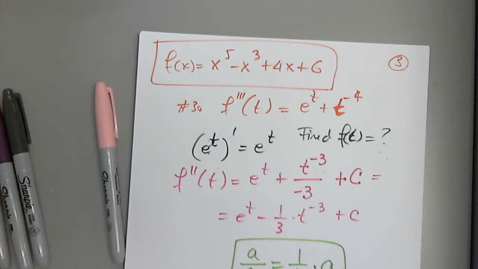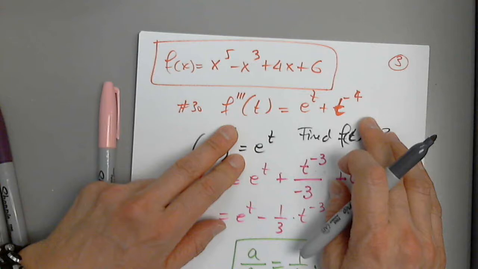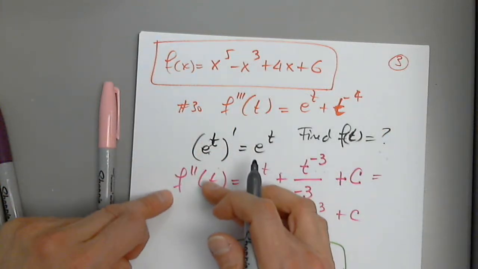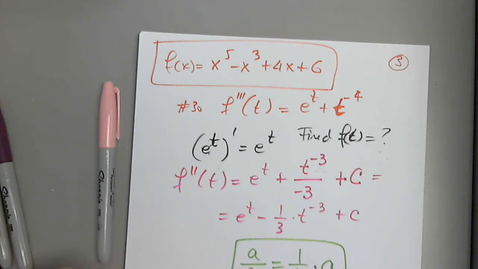So do you just kind of assume, because what if we were just given the problem like e to t plus or minus t to whatever power, but it didn't have a constant, do you just assume? It could be 0. So this is a derivative. I don't know what the second derivative is, what the first derivative, and I don't know what the function is.